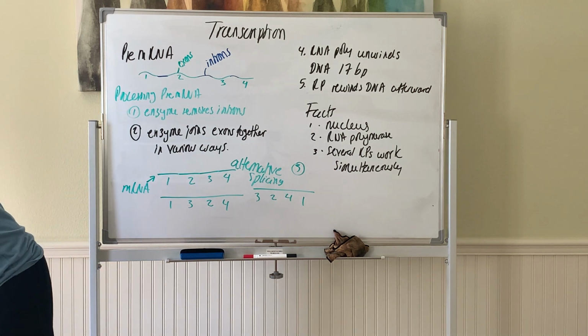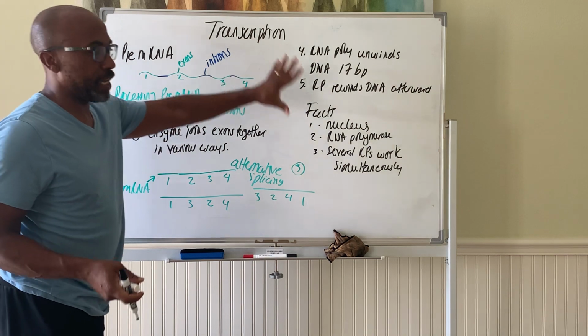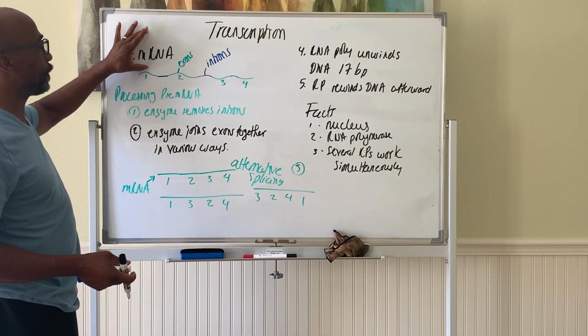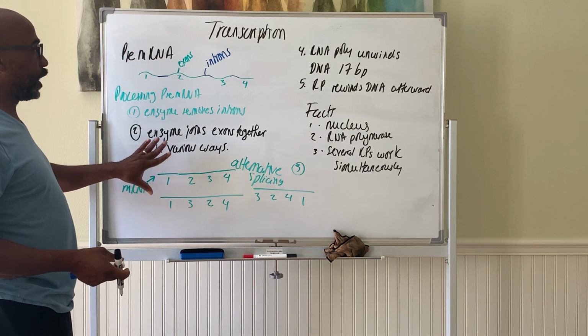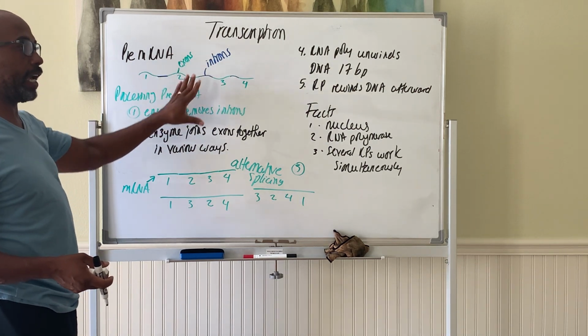Okay, so that is the process of transcription. Again, know from me how it takes place, what enzyme does it, how the pre-mRNA is different from the mRNA, and know of course what an intron is and what an exon is as well.